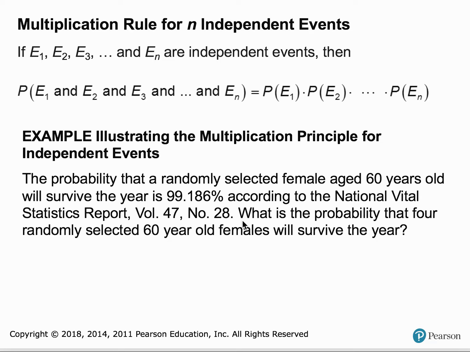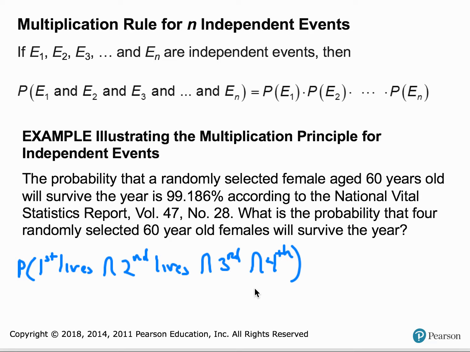What is the probability that 4 females will survive? That's the probability that the first one lives, and the second one lives, and the third one lives, and the fourth one lives. That's what it means if you want the probability that 4 of them will live.